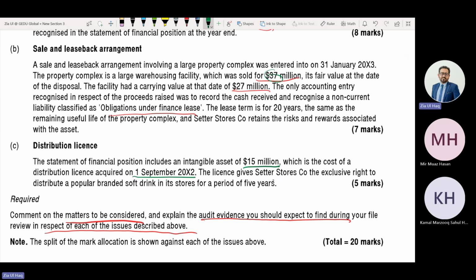The license gives Satter Store Company the exclusive right to distribute a popular brand soft drink in its store for a period of 5 years. So we'll calculate its amortization: 15 divided by 5 years. Whatever the value is, we need to multiply by 5 by 12, and this value we will check materiality with the profit.